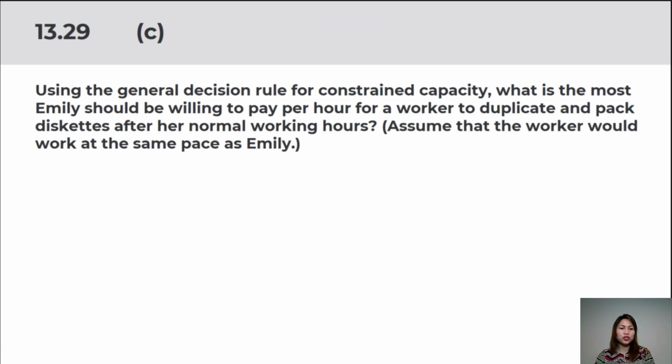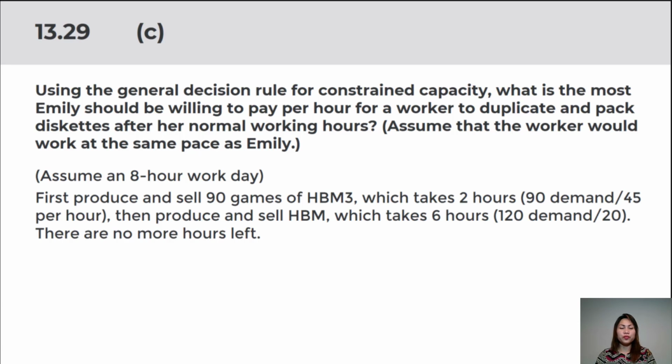Part C, using the general decision rule for constrained capacity, what is the most Emily should be willing to pay per hour for a worker to duplicate and pack disks after her normal working hours? Assume that the worker would work at the same pace as Emily. Now, let's assume 8 hours working per day.